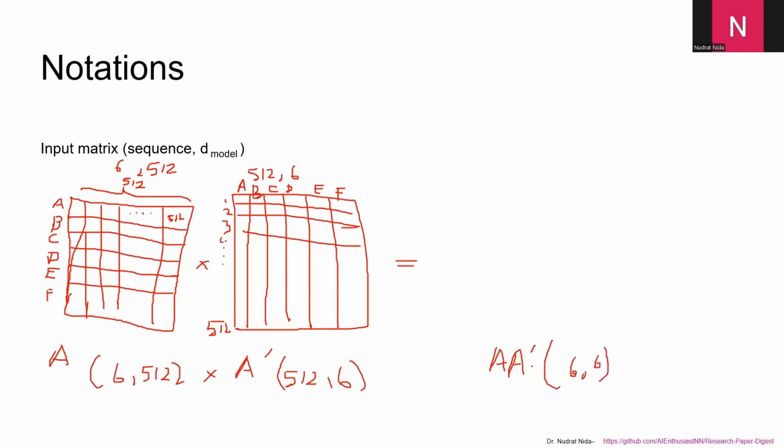If we multiply the first row with the first column, then the second row with the second column, we get a matrix with 6 rows and 6 columns.